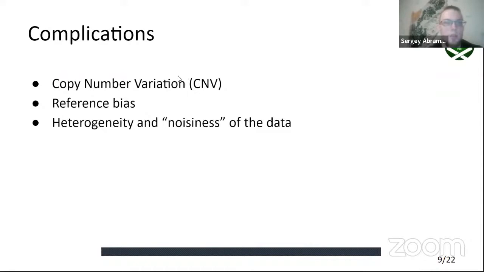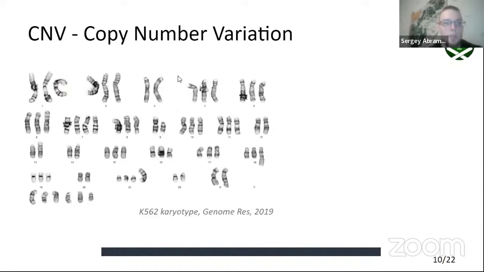So I start with the first one, which is copy number variation. Copy number variation is a phenomenon in which parts of the genome are duplicated or lost. It is very common for immortalized cell lines and even for some cells of the living organism, like fibroblasts and certain neurons.